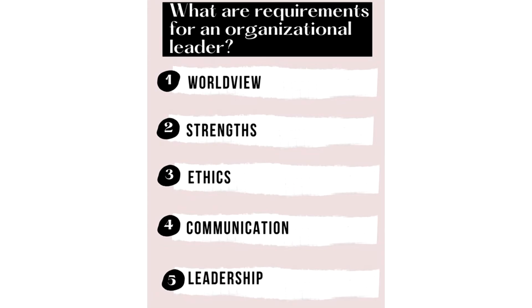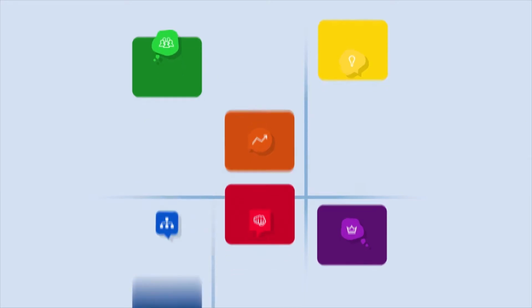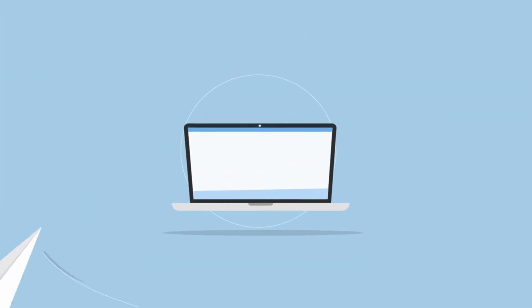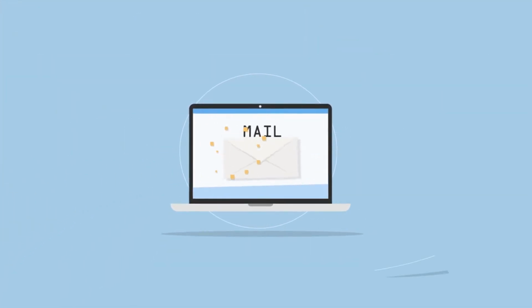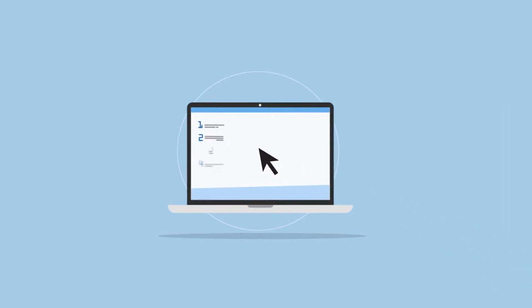Managers and leaders are not the same. Leaders possess strategic thinking and not only an understanding of the vision of an organization, but also the ability to effectively carry out and communicate that vision. Anyone, anywhere, at any level can be a leader.